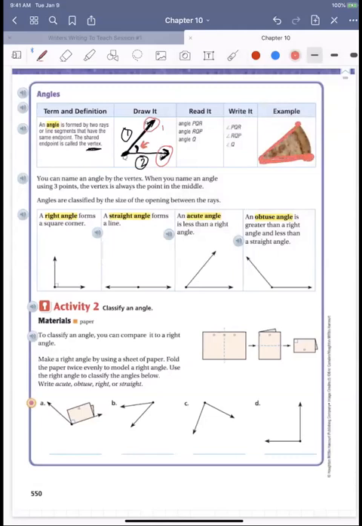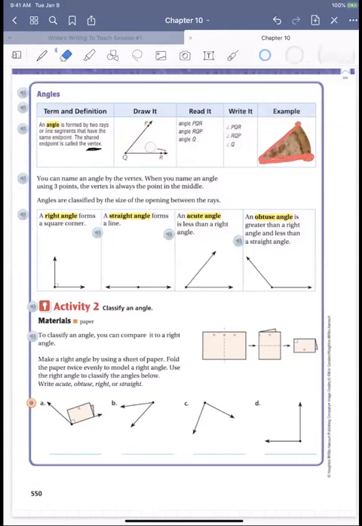How do we read it? We always say angle first before we say the letters. Now, if it is using a ray, you can say it either way. I'm going to erase this so we can see it a little better. There we go. You can read it this way, where you'd say angle PQR, or we could flip it and read it as angle RQP.